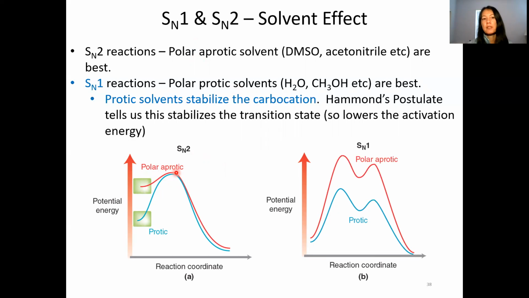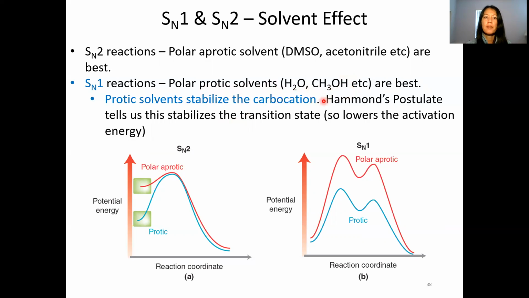SN1 is different because it's a different mechanism. It involves forming a free carbocation. So you have this plus charge in your transition state forming. And so anything that stabilizes this will make the reaction go better. If you have a protic solvent, again, that's something with OHs, maybe an NH, but definitely an H attached to an electronegative atom, you can have a stronger dipole that can stabilize positive charge.